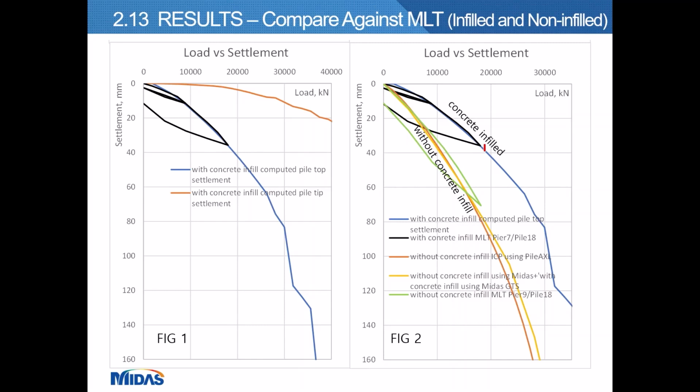The yellow line in figure 2 is the simulation using Midas GTS NX for the steel pipe pile without concrete infill, and the orange line is the simulation using the ICP method. And they compare well with the test results given in the green line.